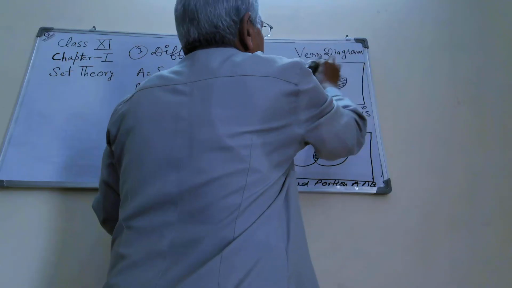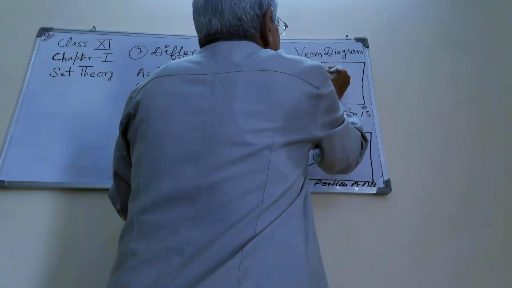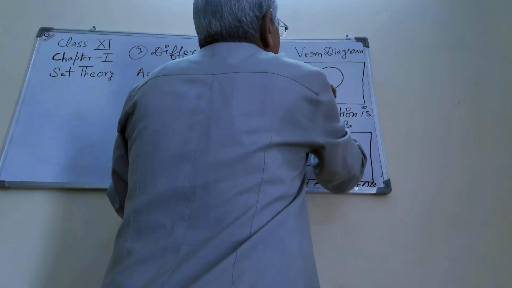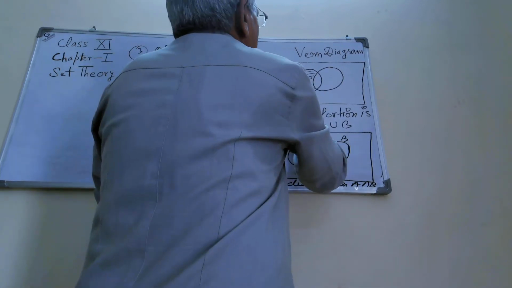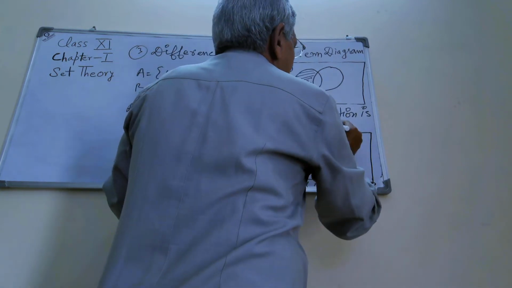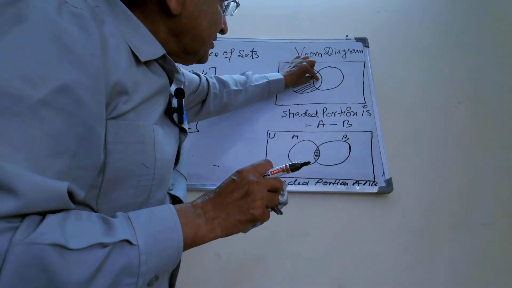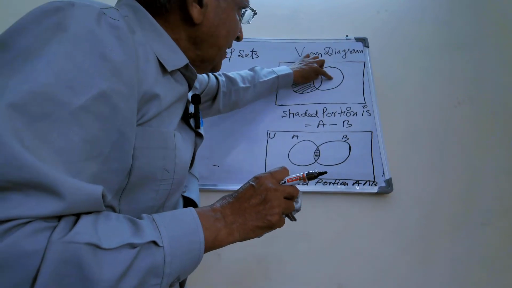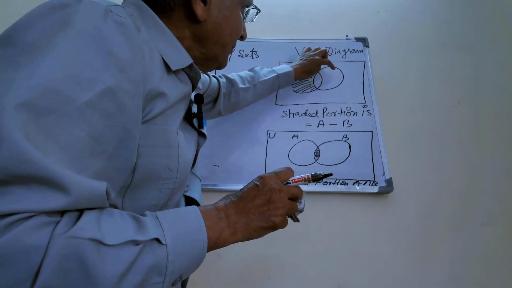With the help of the Venn diagram, in the shaded portion for A minus B, you can see these are the common elements we have left, and these are the elements of B on the right hand side. We also have left these elements.